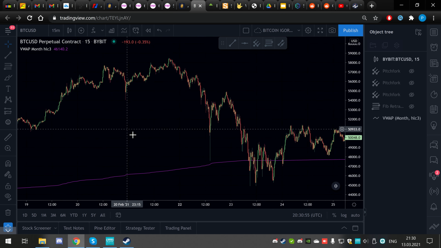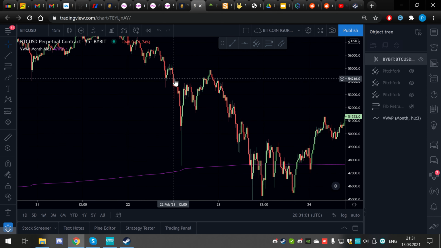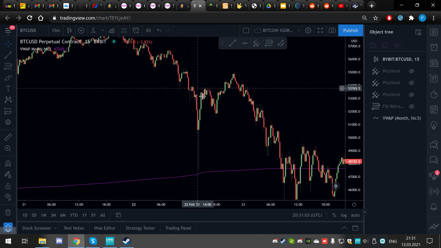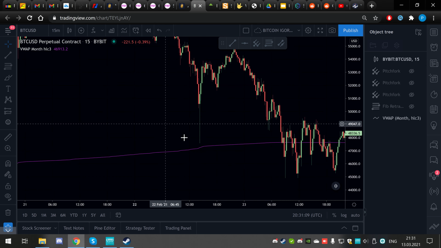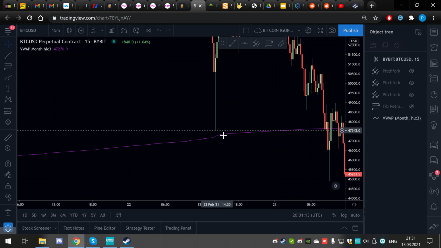But this was really interesting. It's not looking that big on the chart, but we had a big drop, from 53,000 to 47,000, and it was so close to monthly VWAP. So again, it was front run by traders. But it should be your entry, you know, if you are so close.